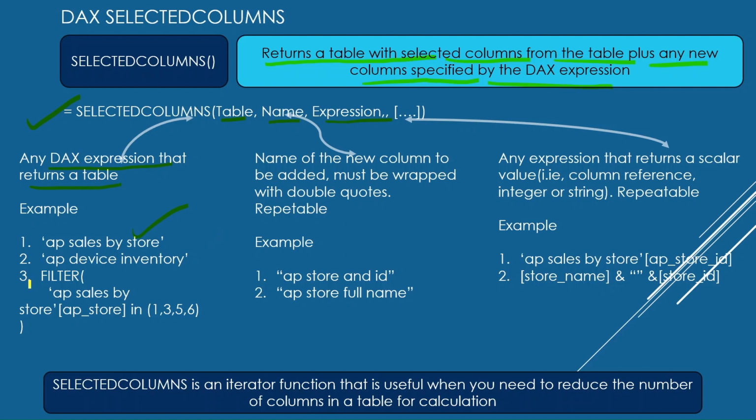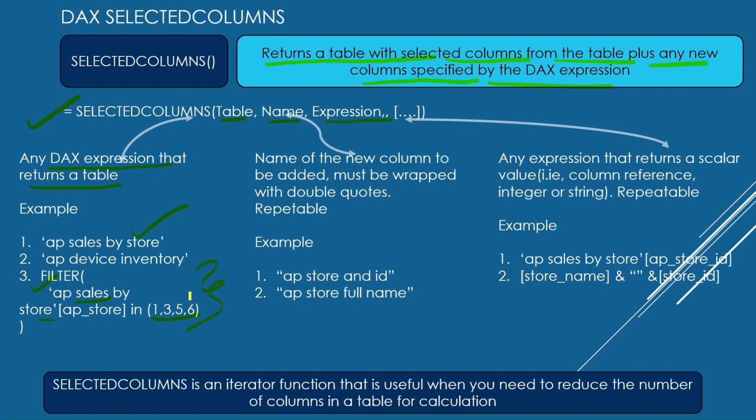We know that with the help of the FILTER function we can create a table. So suppose AP sales by store is a very big table and we want to take only the sales data which has happened in these stores only. So this will also create a table.